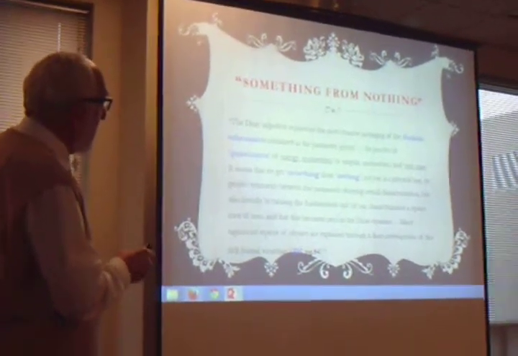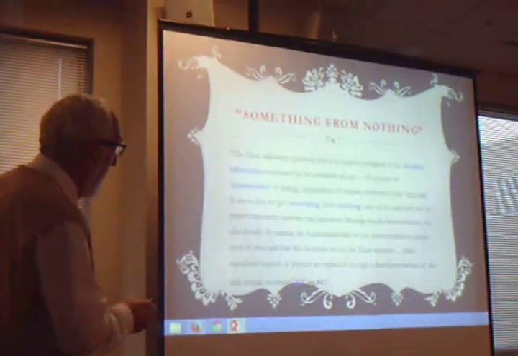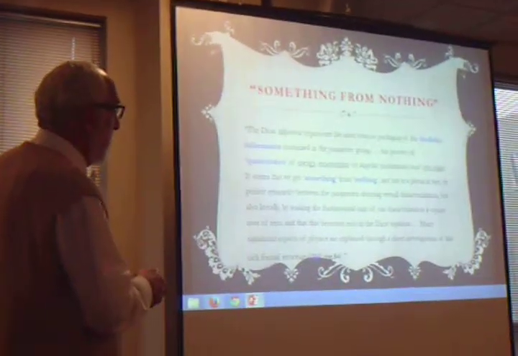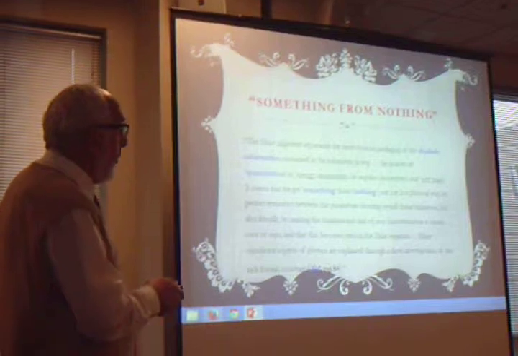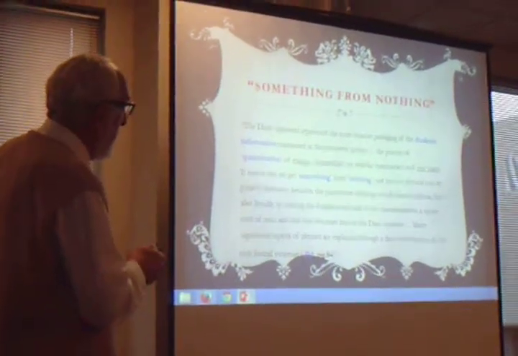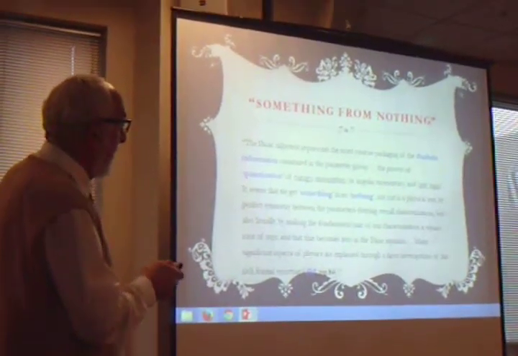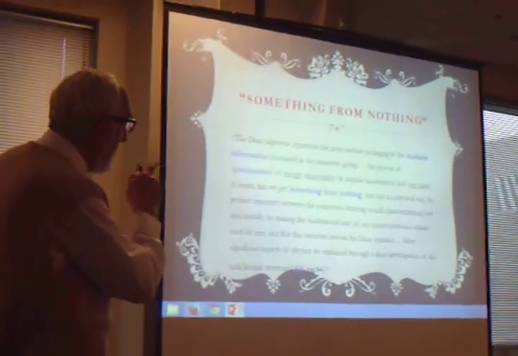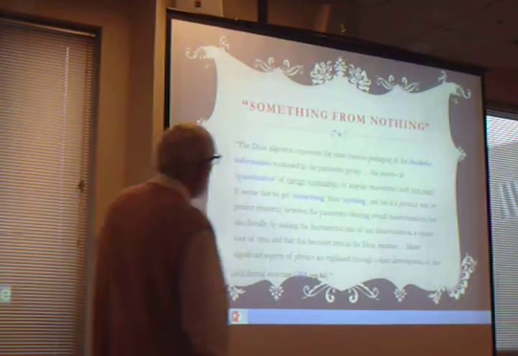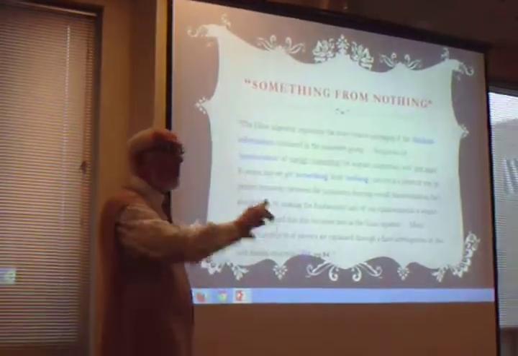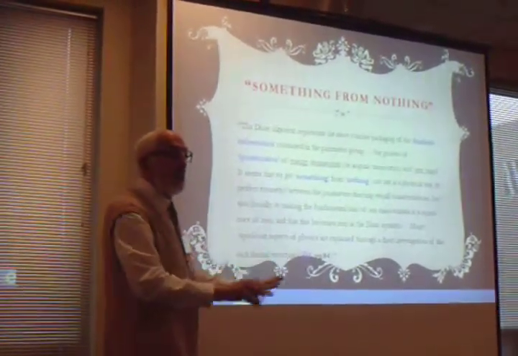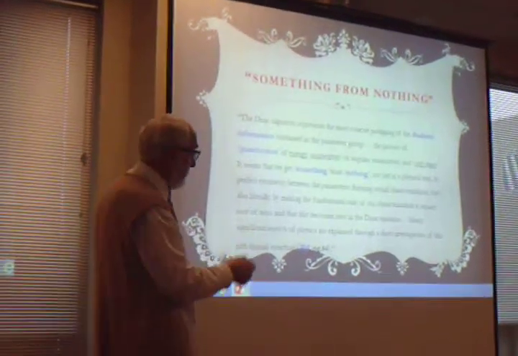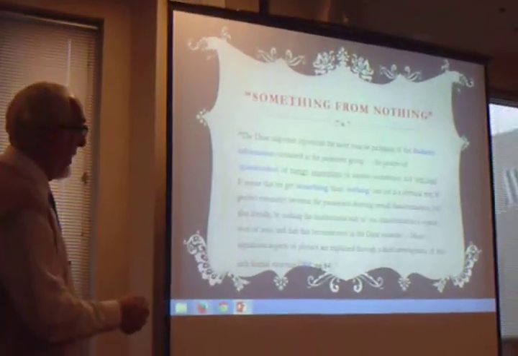It seems that we get something from nothing, not just in a physical way, by perfect symmetry between the parameters denying overall characterization, but also literally by making the fundamental unit of our characterization a square root of 0, and that this becomes 0 on the Dirac equation. Many significant aspects of physics are explained through a direct investigation of this fundamental principle. And I think that's what he means by the foundation of physics, based upon this principle, and I think he'll probably elaborate on that later.